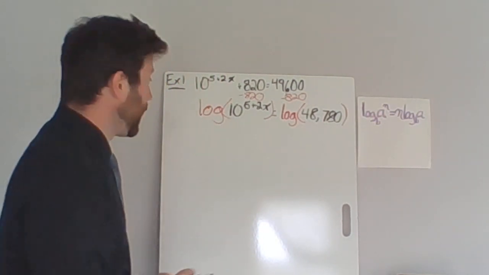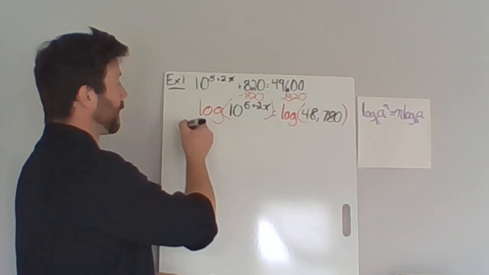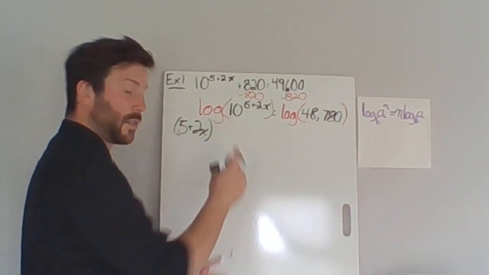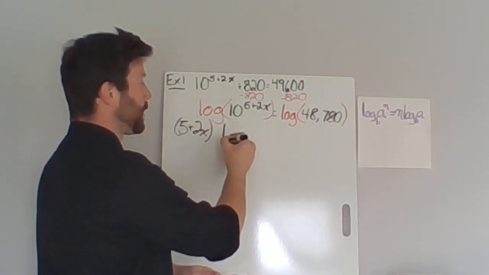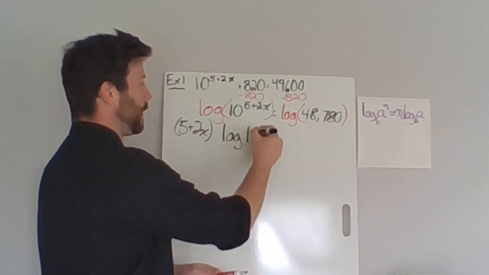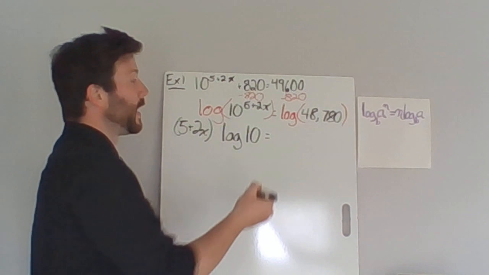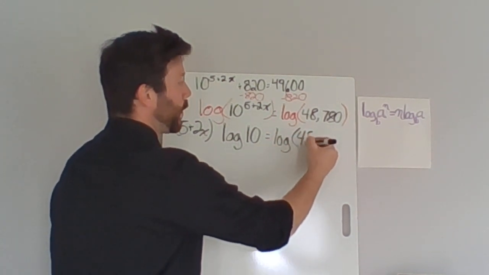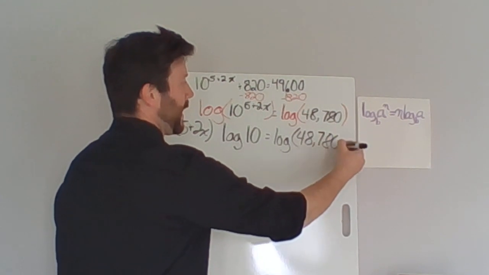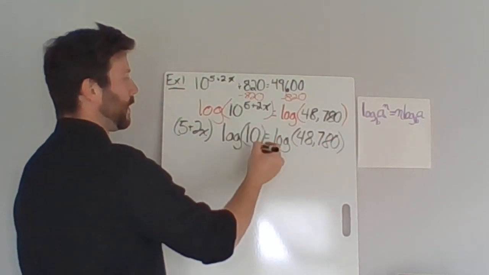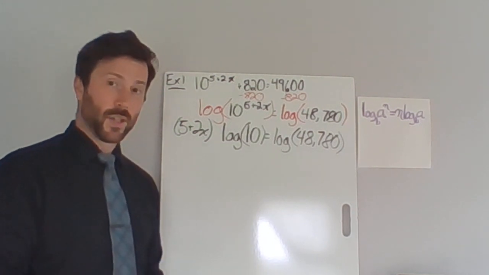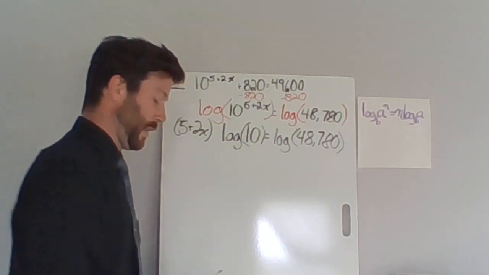So here's how that works here. I'll have 5 plus 2x, all grouped together, times the log of 10. Over here on the right side, this is still going to be log of 48,780. But this is going to be a whole lot easier equation to work with, because here's something else that's interesting.